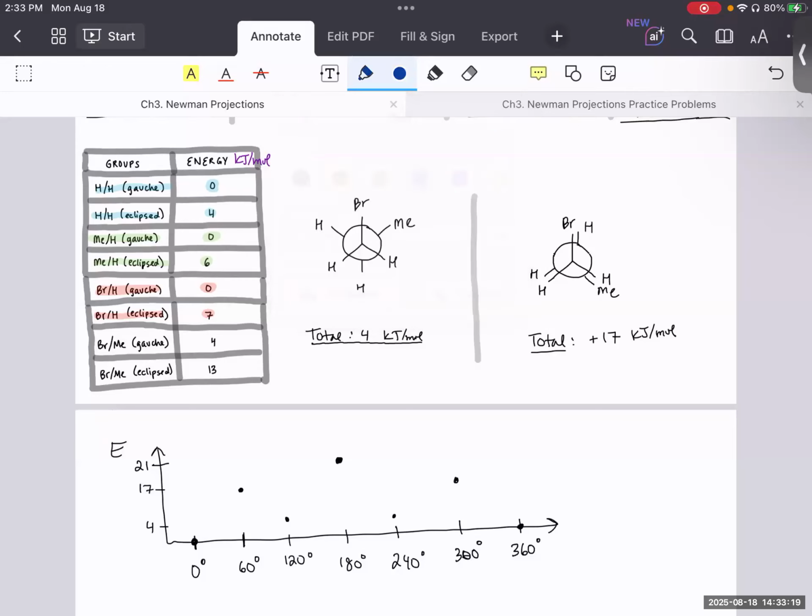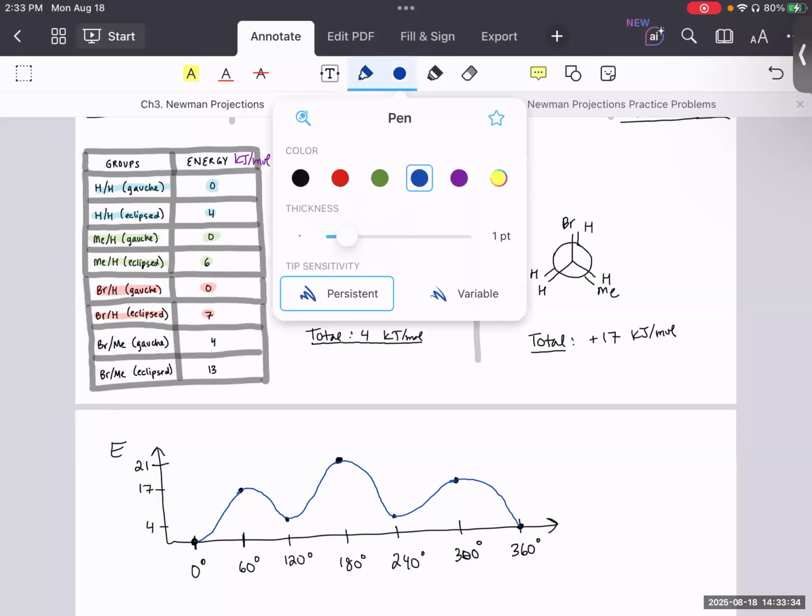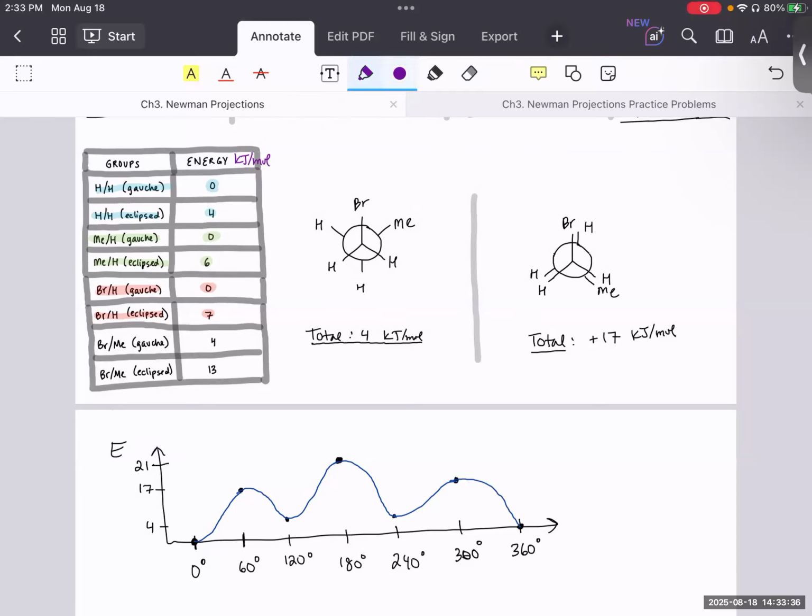In general, there are methods that people could use to calculate the individual points, but we can just assume that it's like this wavy pattern here. And what's important to note is that these peaks are all eclipsed states, and that one in the middle is like the global maximum.